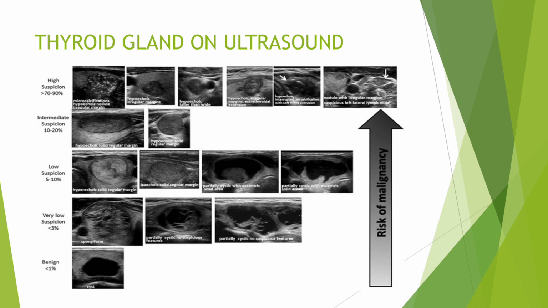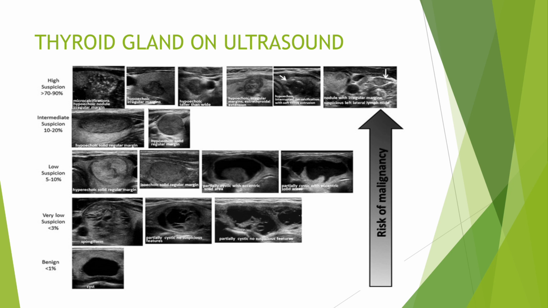Very low suspicion is given to areas which have a spongiform appearance, and also cystic lesions with septations, and less than 1% chance of malignancy is ascribed to nodules which are cystic in nature.